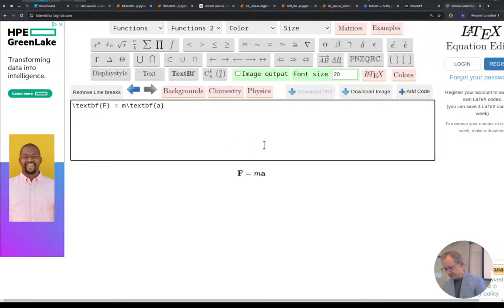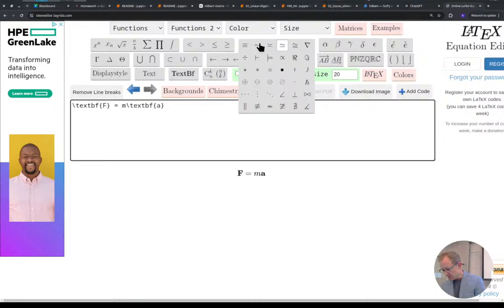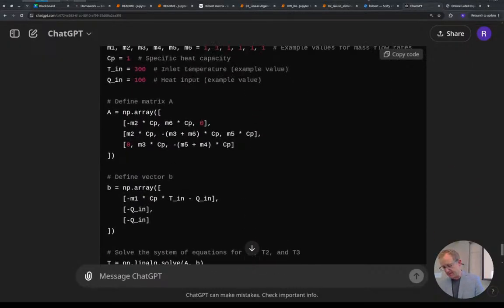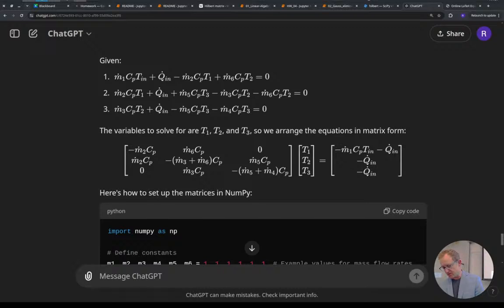It's not super easy to use, but if you can define a set of equations in LaTeX, now with ChatGPT we can say, all right, that's what I'm trying to solve. This is my matrix format of it, and we'll double check that it does this. Is it right? Maybe. It looks right.